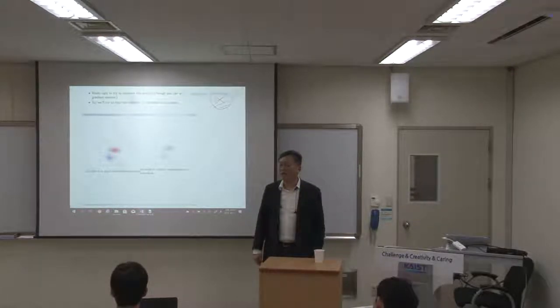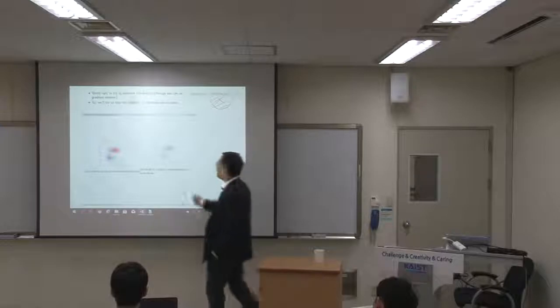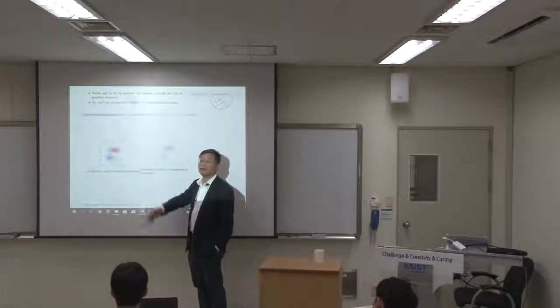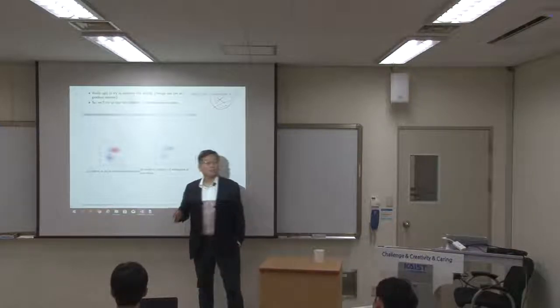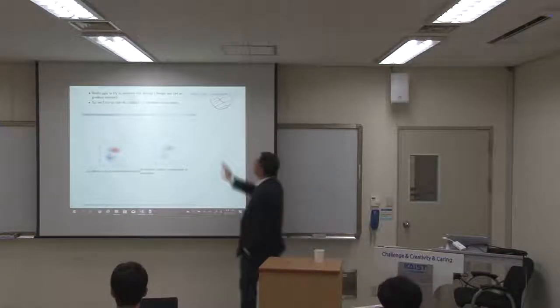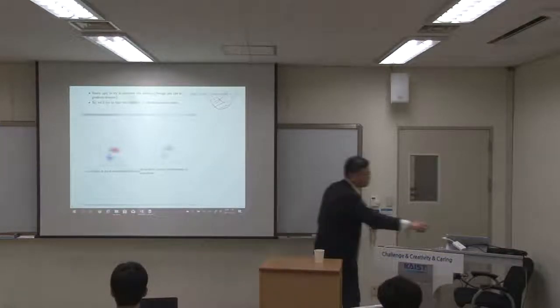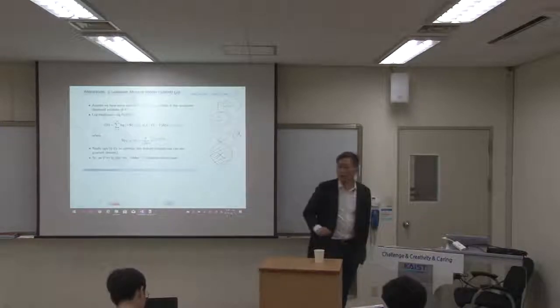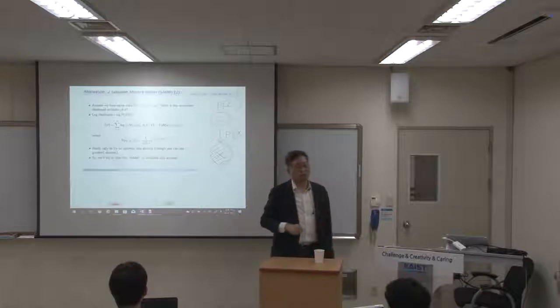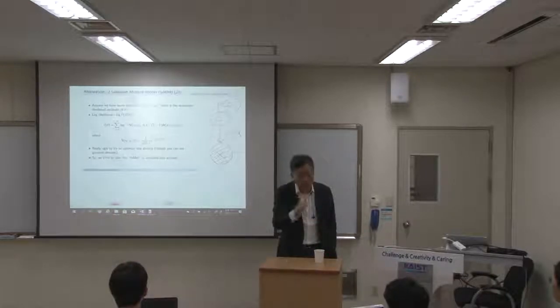Once I have that, then I can update my theta based on this. And then I do that procedure over and over again. So the lesson here is that the latent variable C is not observed. Latent, it's hidden.